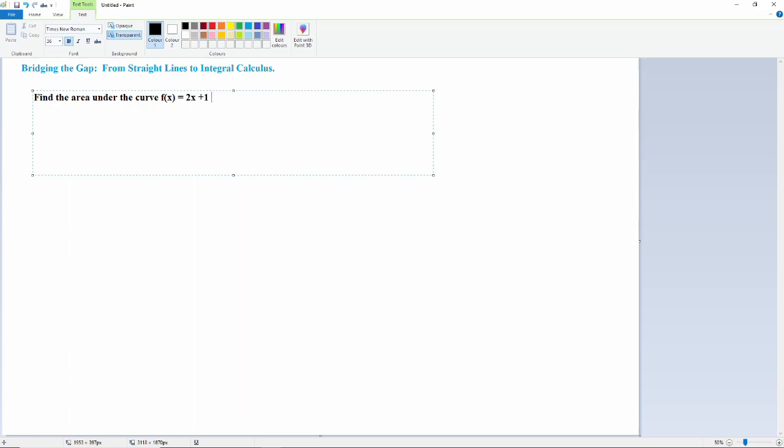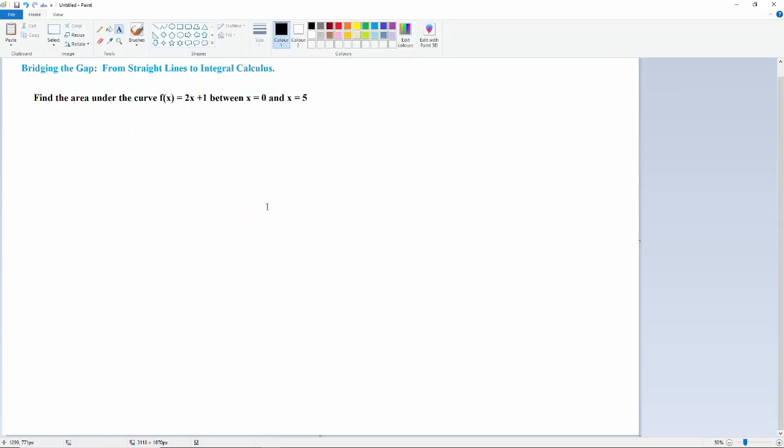And then we'll say between x equals 0 and x equals 5. Why not? Okay. So to find the area under the curve, we're going to want the definite integral between x equals 0 and x equals 5 of 2x plus 1 with respect to x.